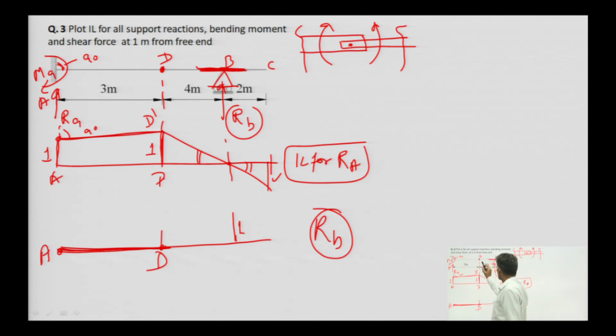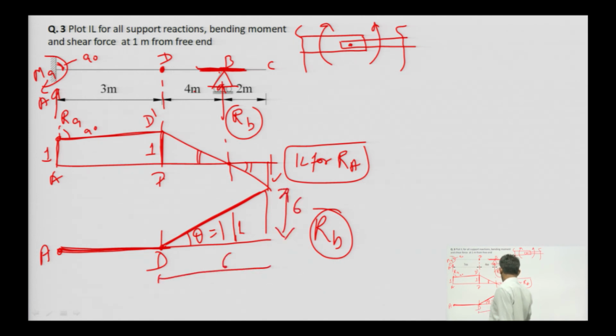So, DB and BC segment will move in this direction, and that unit displacement will be 1. So, if we know the distance as 4 2, so it is since it is 6, so that distance is 6 ordinate. This is the IL for RB.